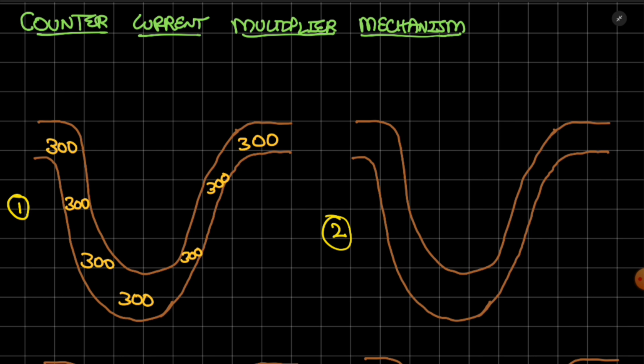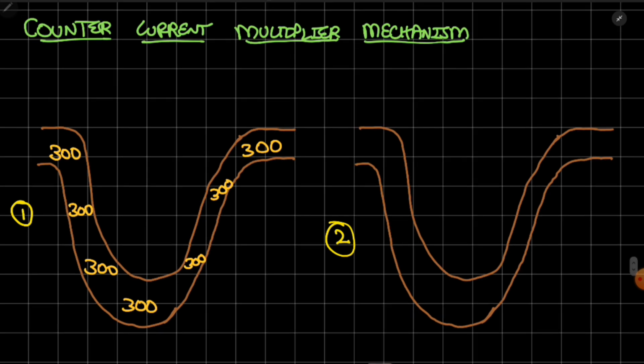As we studied in the first video, regarding the functions of the loop of Henle, the descending limb is permeable to water, H2O, but impermeable to solutes.